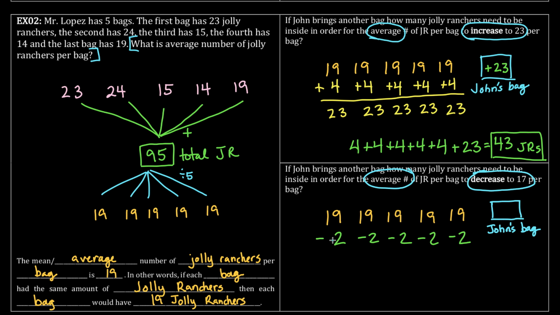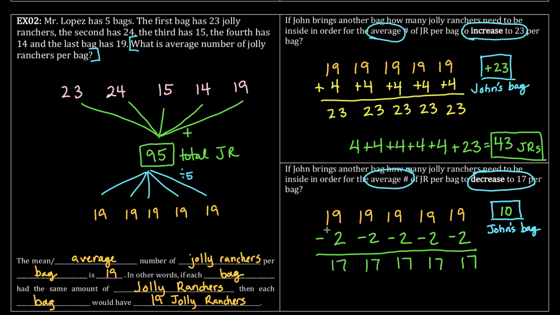So John needs to take 2 away from each of these bags. That way, they could each be at 17. Okay, so that means 1, 2, 3, 4, 5, 6, 7, 8, 9, 10. That means there's an extra 10.